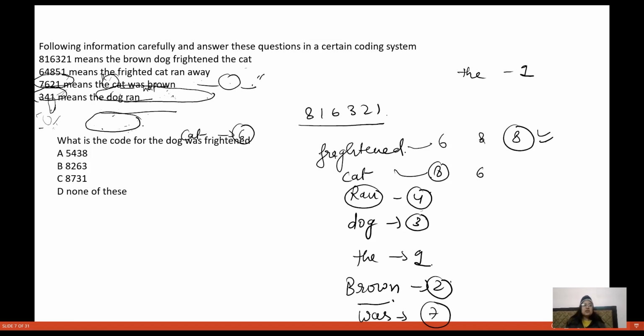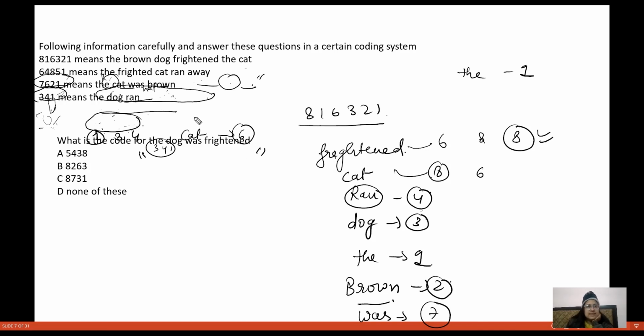Fine. So the dog ran. We know the is 1, dog is 3, and ran is 4, so we could have written 1, 3 and 4, but the sequence is written as 341.